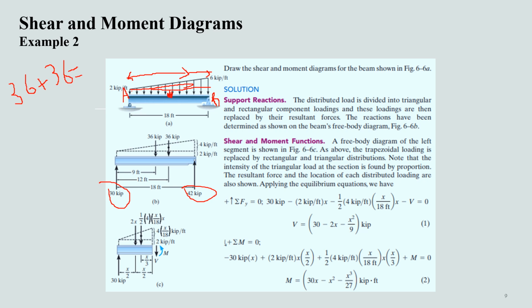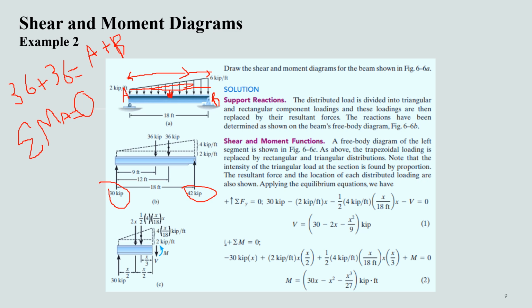And now we are taking the summation of moment in the next equation. We are taking the summation of moment at location A. If we take the summation of moment at location A equal to 0, it will be simply 36 into 9 plus 36 into 12 is equal to By into 18.